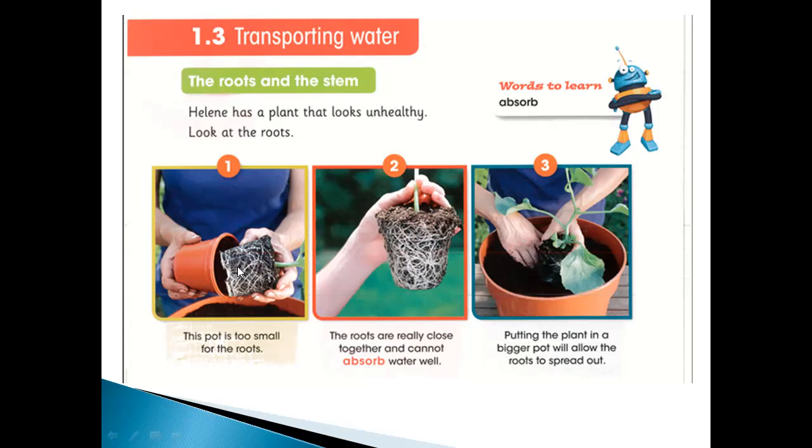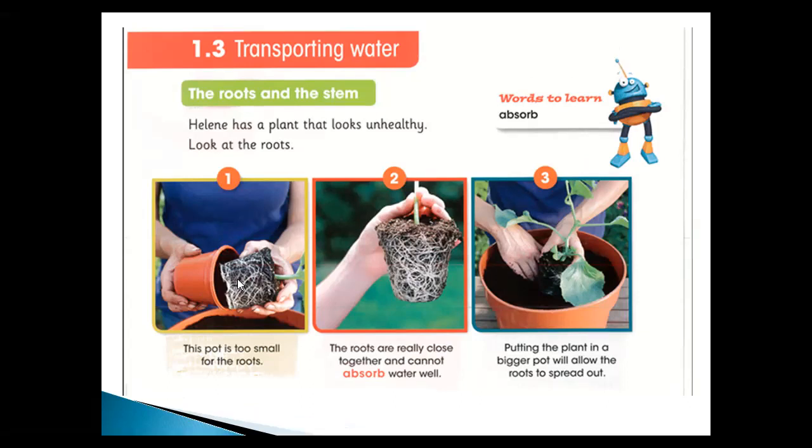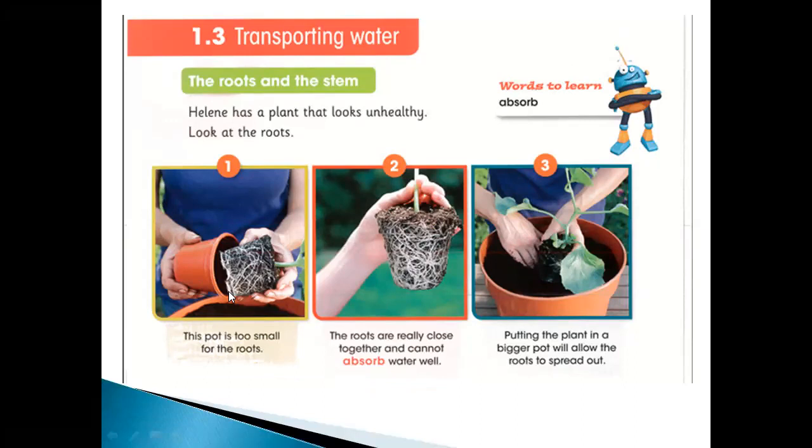If you want to put your plant, put it in an open space or a big pot. If you put your plant in a small pot, the roots will look like this and cannot grow well. They jumble and stop growing.